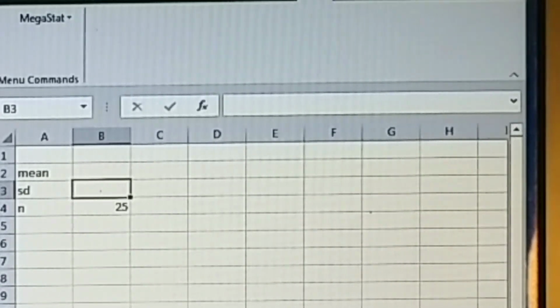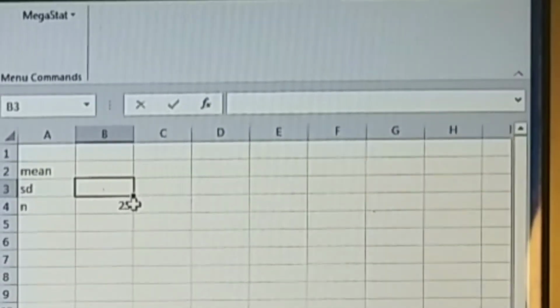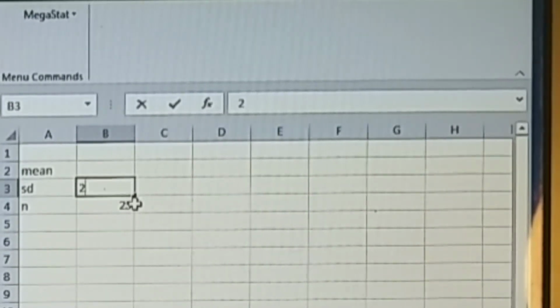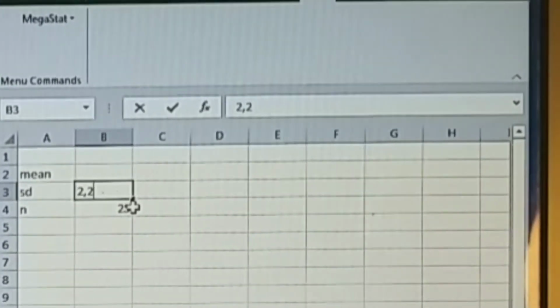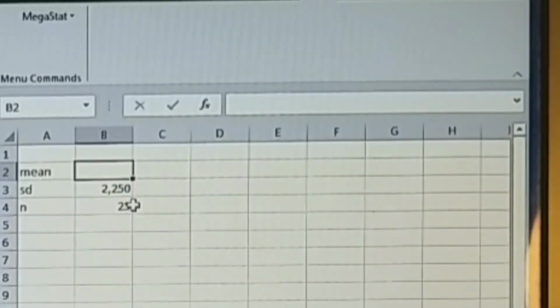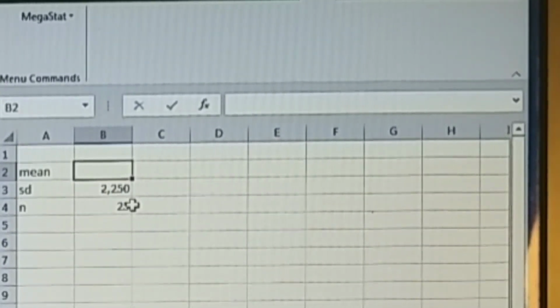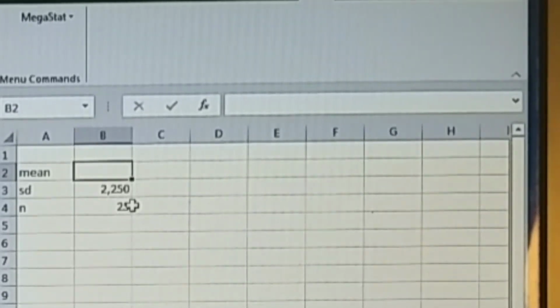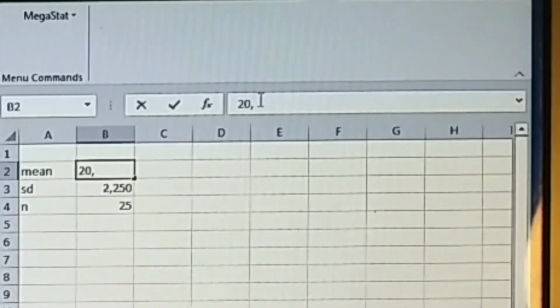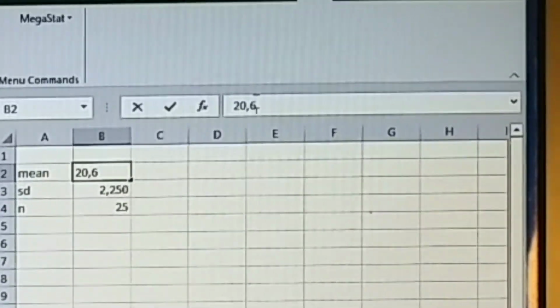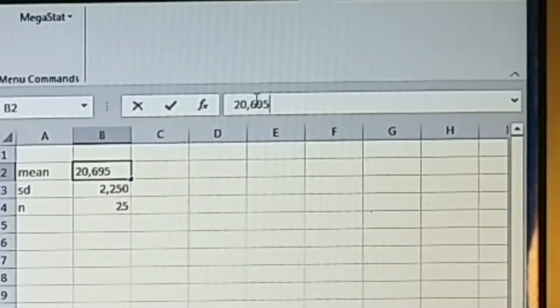For the standard deviation, we will use the population standard deviation, so SD would be 2,250. And for the mean, we are looking at the sample mean, that is 20,695.